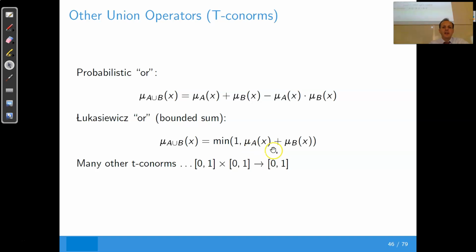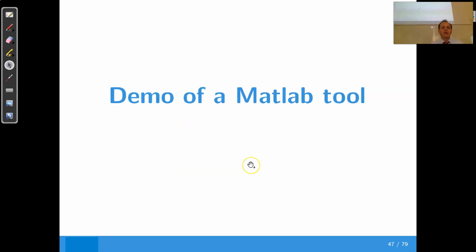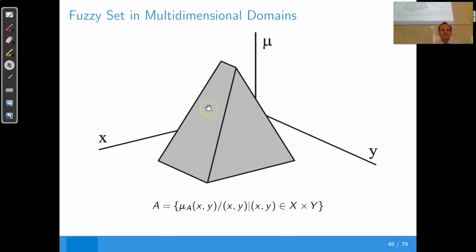Of course, this summation can be bigger than 1, though always positive, so you need to find the minimum between it and 1. If the summation is bigger than 1, you always take 1, so it's guaranteed that this operation is always between 0 and 1. Or again, there can be other T-conorms. We will see a demo when we use the toolbox of the MATLAB tool.